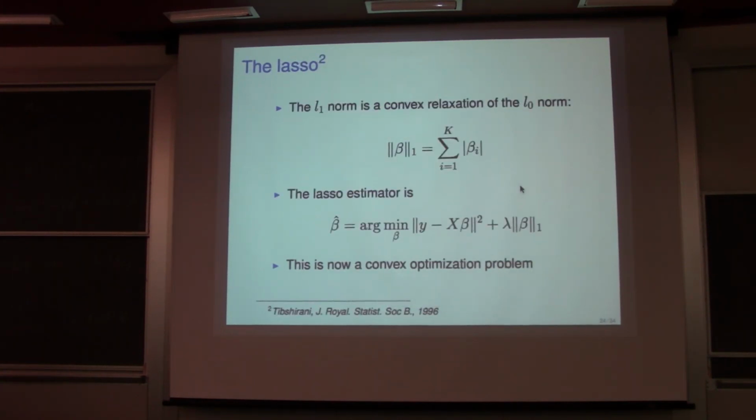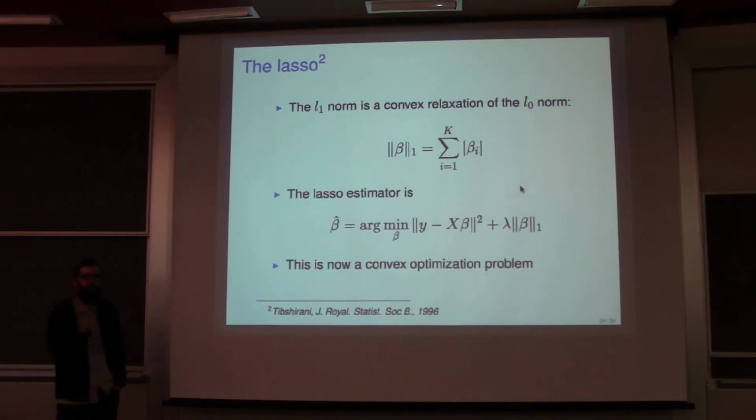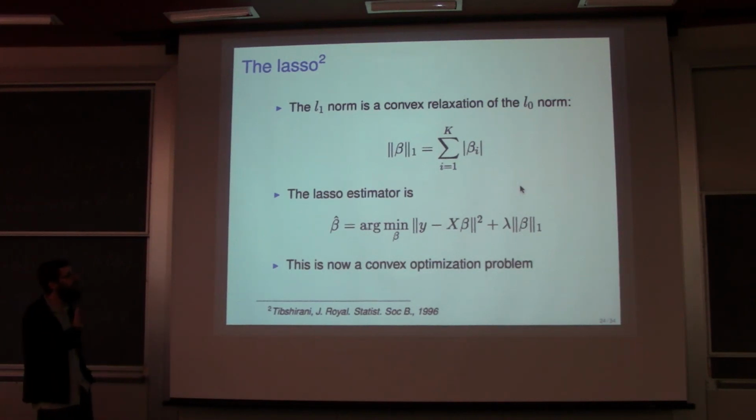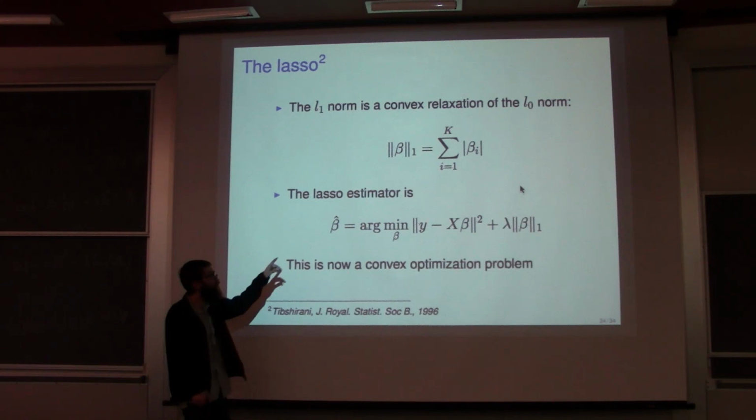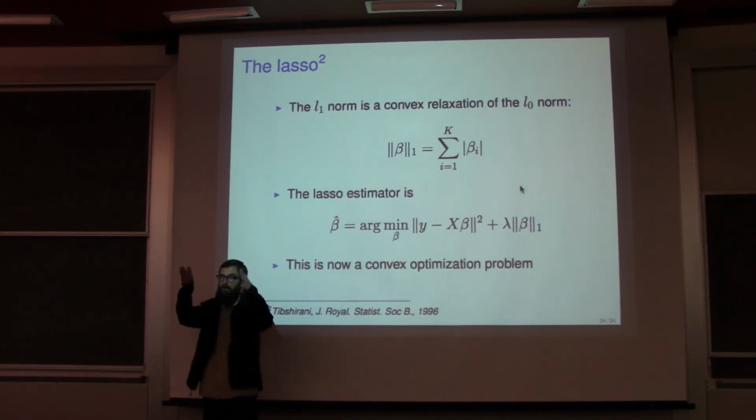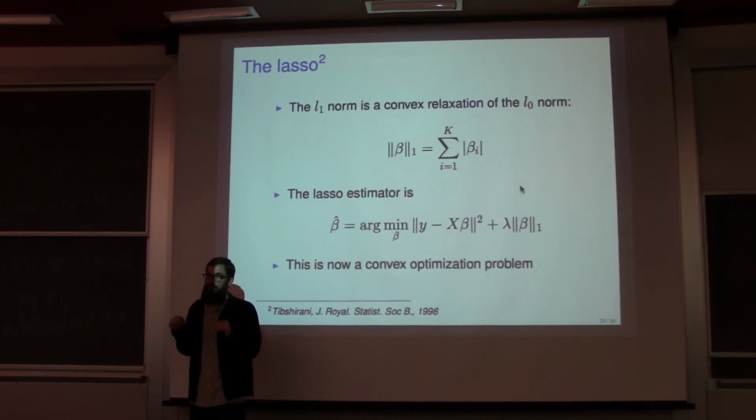Okay, so what do people do? They actually take what's called the convex relaxation of the L0 norm. And the convex relaxation of the L0 norm is what's called the L1 norm. And the L1 norm is just a sum of the absolute value of the components of your data vector.